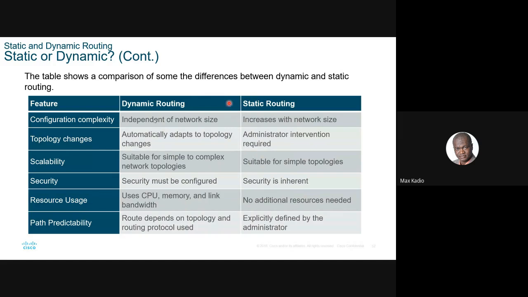You can try to compare a bit. This one is suitable for simple networks. When it's not big, it's fine, you can manually add yourself. But when it's too big, most of the time we use the dynamic routing protocol.